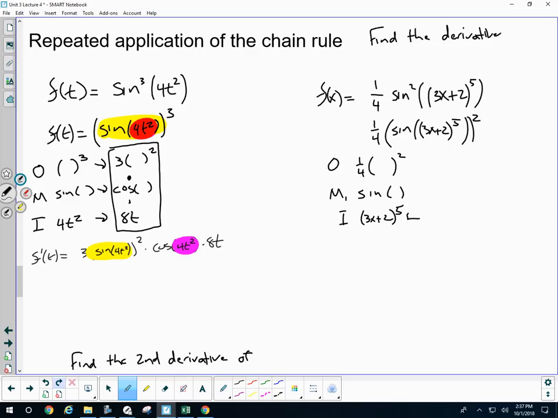Yes, I don't need the 1/4 here. I could have just written 1/4 down here, and then have all the derivative stuff in there. Okay, that's totally fine. It's a constant times a function. You can think of the constant 1/4 as not being involved.